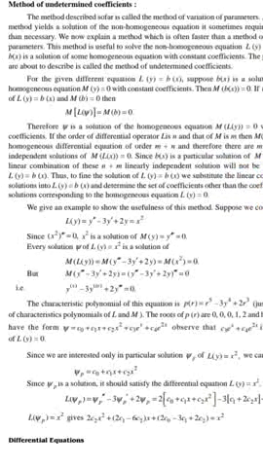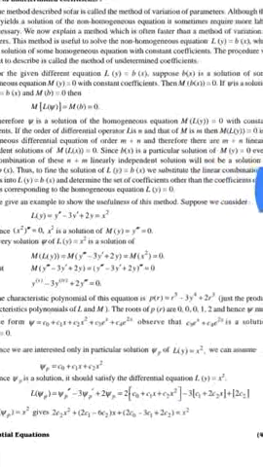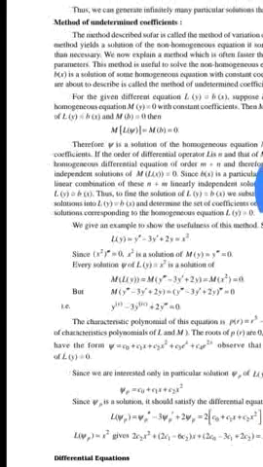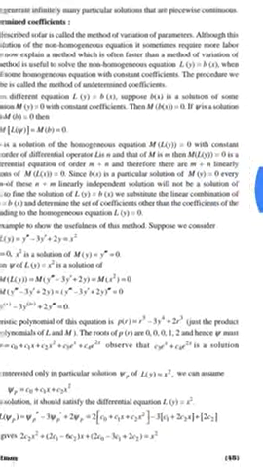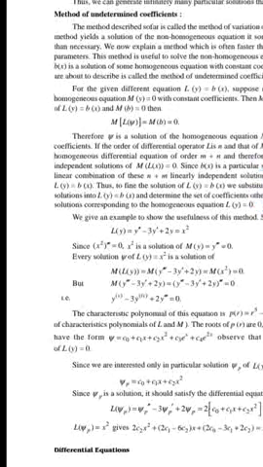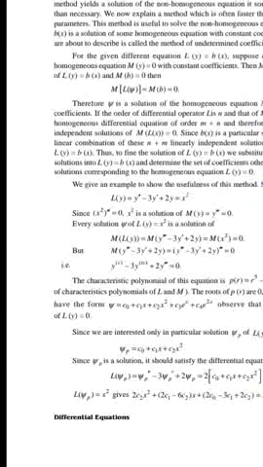Since b of x is a solution of M of y is equal to 0, every linear combination of these m plus n linearly independent solutions will not be a solution of L of y is equal to b of x.